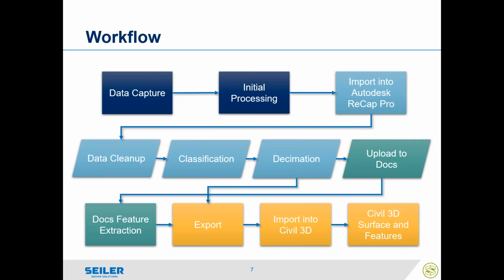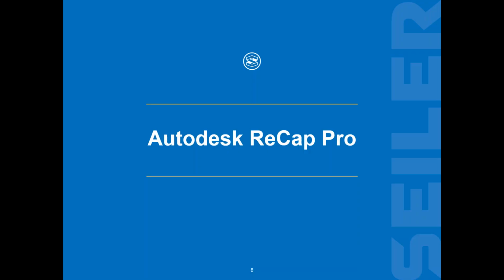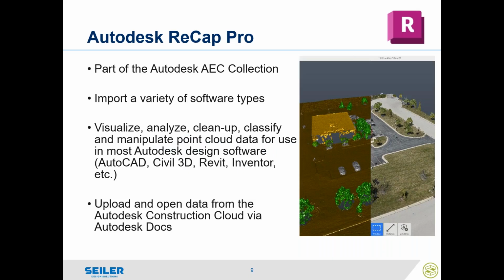So the first step we're going to talk about here is Autodesk ReCap Pro. Autodesk ReCap Pro is part of the Autodesk AEC collection. Now you can get Autodesk ReCap free if you're not a subscriber to the AEC collection. You can go onto Autodesk's website, just Google ReCap, and download the Pro version with a 30-day trial.